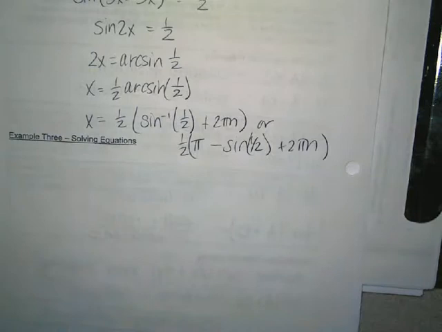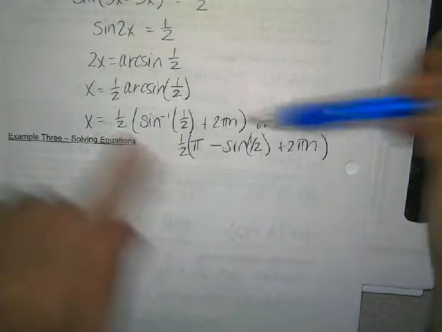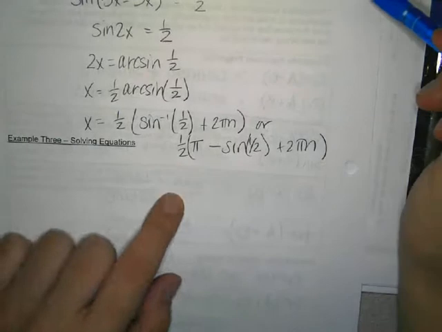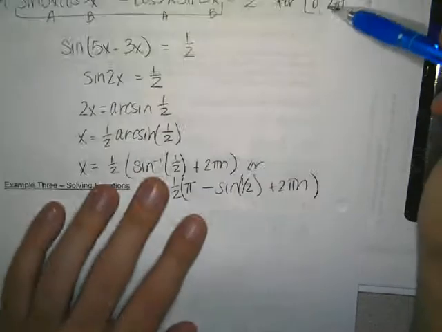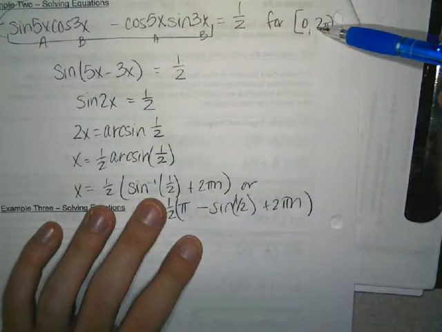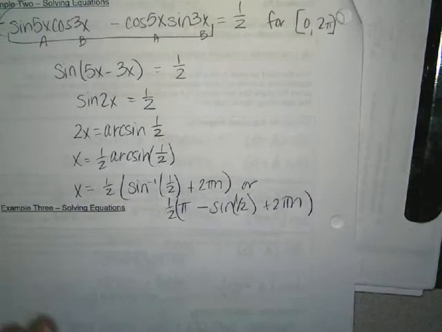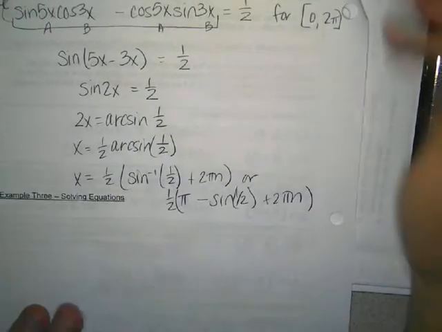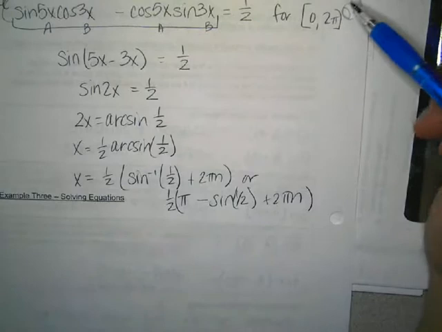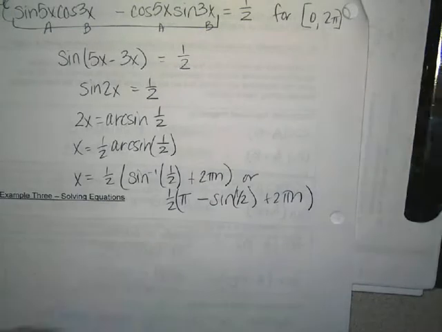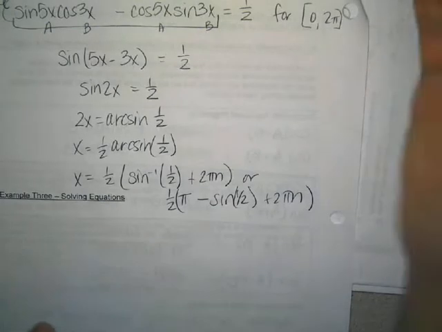And then I've kind of already done this part here, but at this point I would put both of these into my calculator and punch out the solutions for 0 to 2 pi. And in the interest of time, I'm not going to do that quite yet. But I think at least getting to that point, you would know what to do from there.